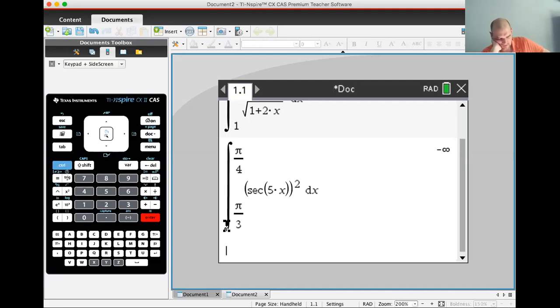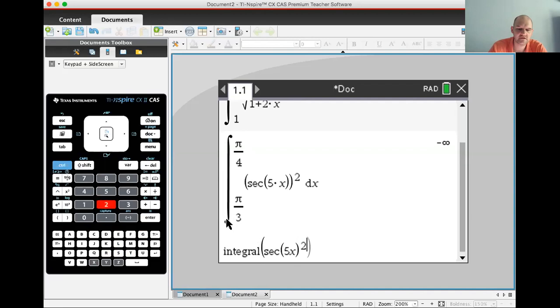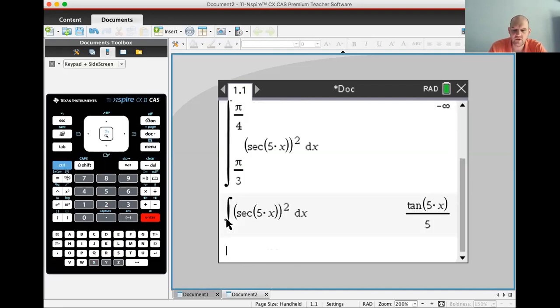That's questionable, because secant's not discontinuous between pi over 4... tangent's not discontinuous. Why do you think that's the answer, calculator? What do you think this is? Integral of secant of 5x squared. Secant squared, right? So 5. Okay.